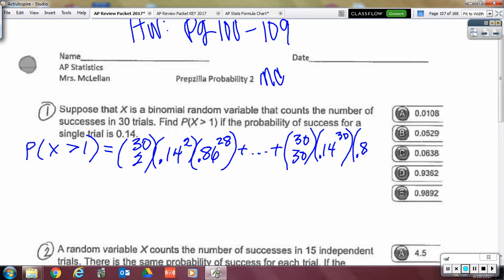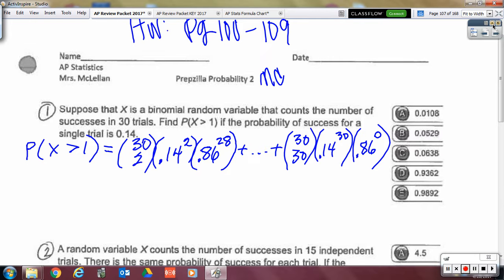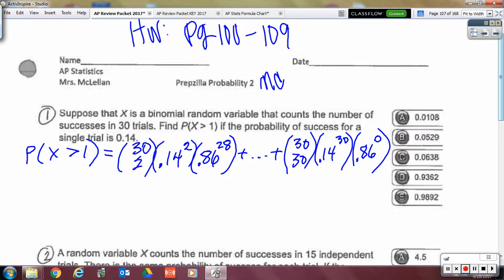Which means 0.86 is to the how many successes? None of those. And so that is the work that you would have to show on a free response problem. Now, the AP test does not care about calculator speak. So writing out your answer in calculator format gets you nothing. It has to be that.